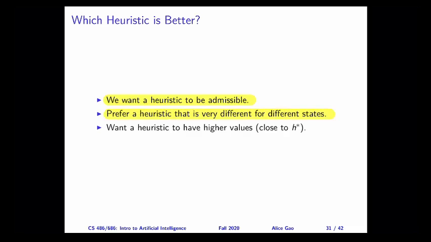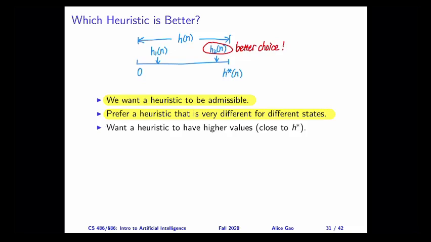On the other hand, if the heuristic function is constant, that is, it has the same value for all the states, then that's not a very useful heuristic function. Finally, we want the heuristic values to be as close to the true costs as possible. The closer the heuristic values are to the true costs, the more accurate the heuristic functions are.